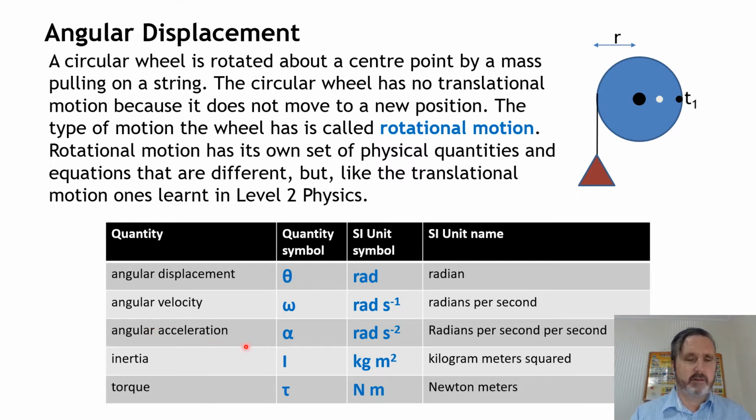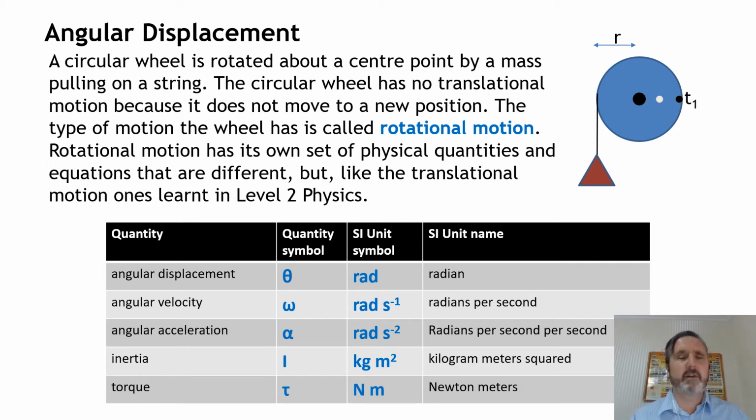And then we have angular acceleration, alpha, inertia, this I, and torque, which is this tau, the Greek letter tau. They have their own units as well, and the base unit here is called rads, or radians. And then from there on we get radians per second, which is similar to meters per second, etc.